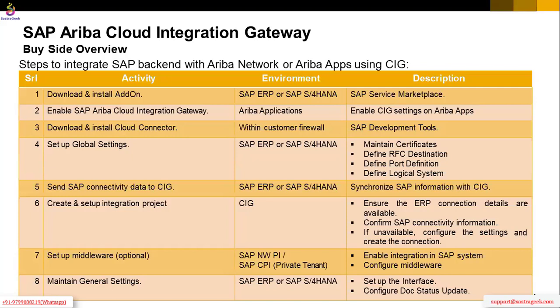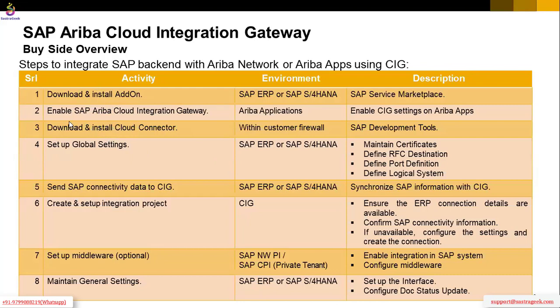But in the S/4HANA system now, we will not be able to find that configuration option, because of the missing add-on. So we first have to download and install the add-on. Ariba provides the Ariba specific, or I would say CIG specific, add-on that we have to install in our S/4HANA system first. Once we do this activity, all the CIG specific or Ariba specific configuration will be available in our S/4HANA system, and later we can perform all the configuration.